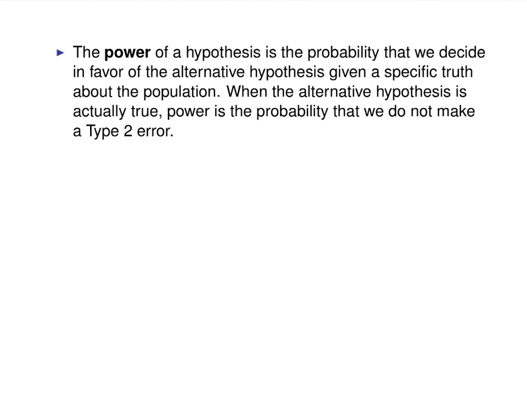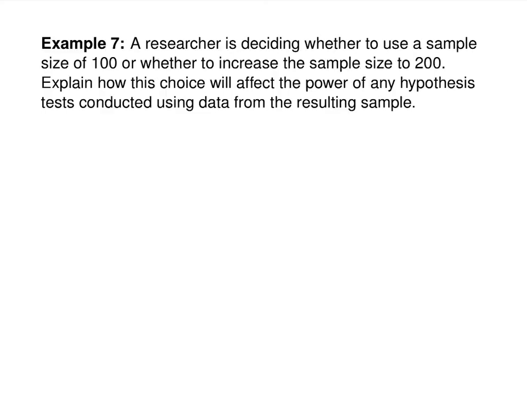And the power of a hypothesis test is the probability that we decide in favor of the alternative given a specific truth about the population. When HA is actually true, power is the chances that we don't make a type 2 error. So a researcher is deciding whether to use a sample size of 100 or to increase the sample size to 200. Explain how this choice would affect the power.